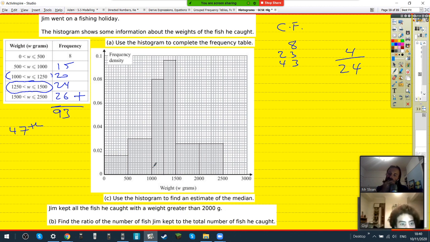So what fraction of the way in? So it's 1/6 of the way in, and we start from 1,250. And so we go an extra 1/6 of the class width. And so what is the class width? It is 250.